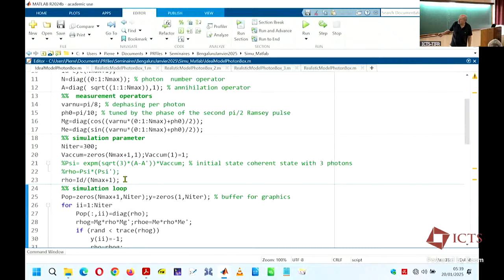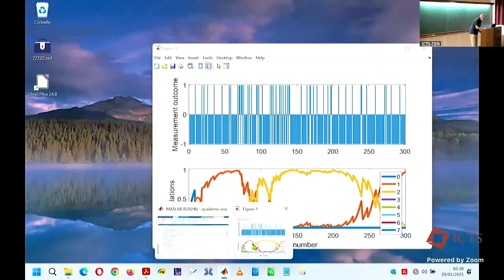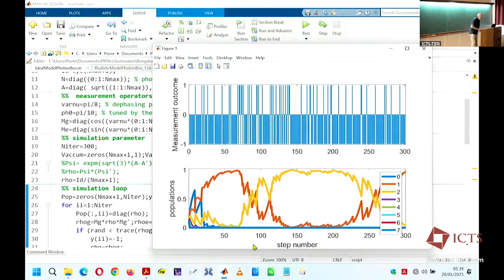We can, so I take this initial state, and it is interesting to see what's going on at the end. So you see, yes. It hasn't converged, but you see the collapse of the wave packet.